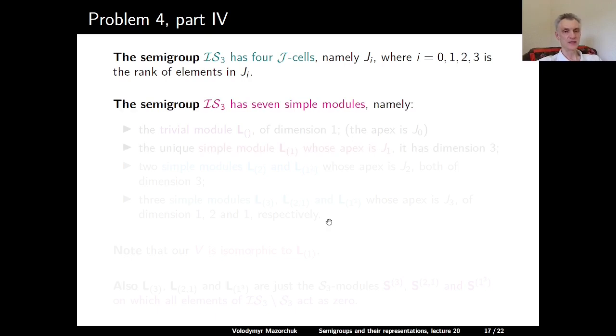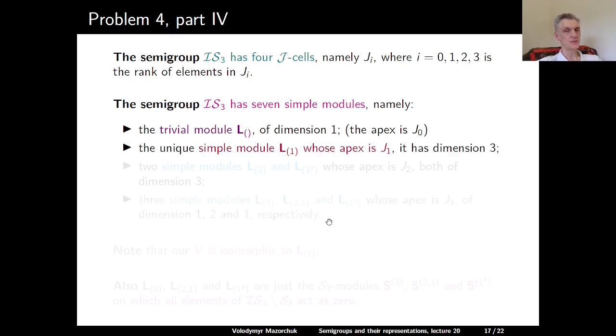And the semigroup IS3 has 7 simple modules over the complex numbers, namely, we have the trivial module L sub empty set. So the empty set is a partition of 0. It has dimension 1 and its apex is J sub 0. Then for the apex J sub 1, we have the unique simple module L sub 1. 1 is a partition of 1, and it has dimension 3.